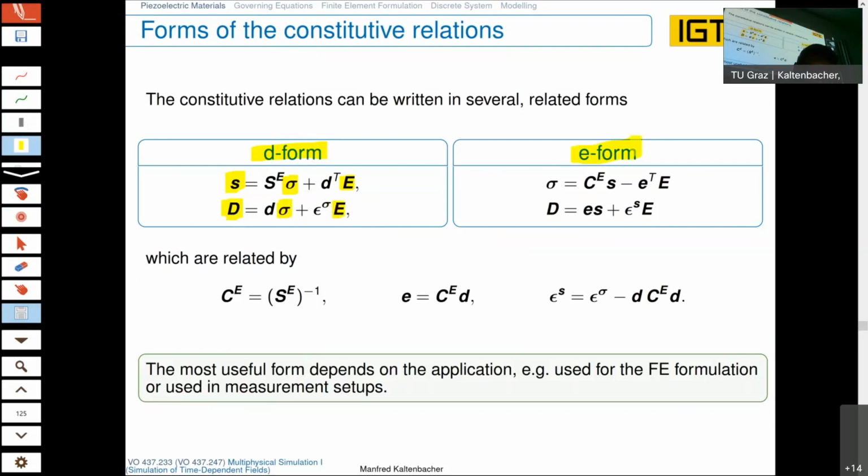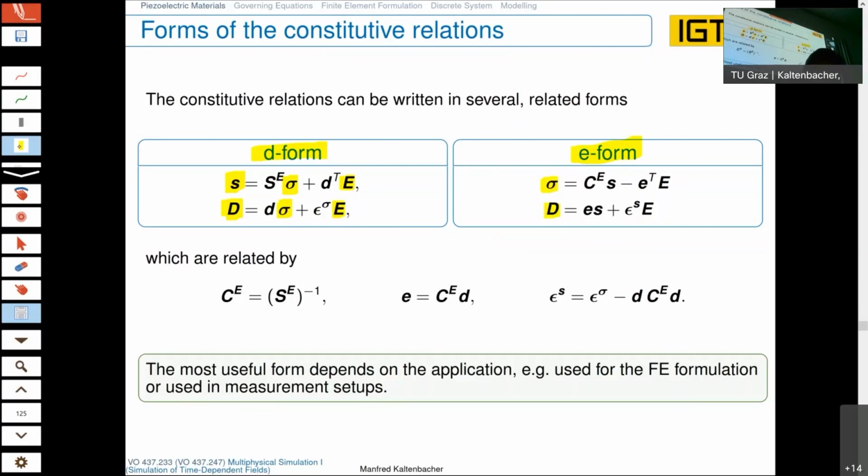Now, the E form is that we rewrite this equation to have an expression for the mechanical stress and the dielectric displacement, and that is clearly an advantage for us, because then we can directly put this in our partial differential equations, which we will see soon. And as you perhaps already know, because we have discussed the mechanical PDE and the electrostatic PDE.